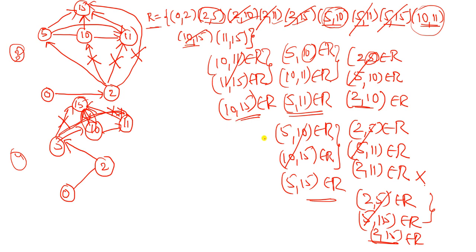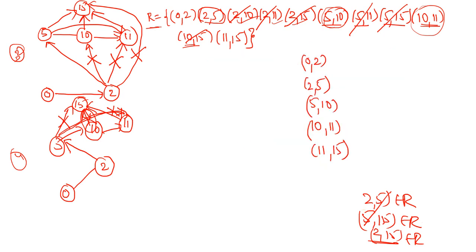So finally, what are the elements we are left with? 0, 2, 2, 5, 5, 10, 10, 11, 11, 15. So these are the elements we have, right? Now draw the diagram. 0, 2 we have, 2 to 5 we have.